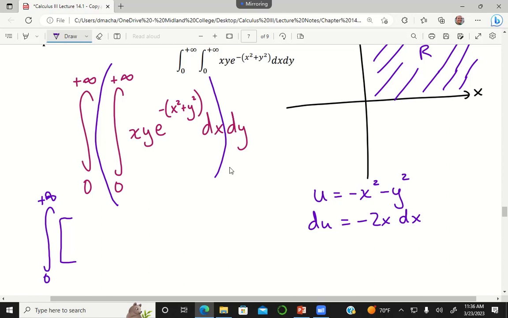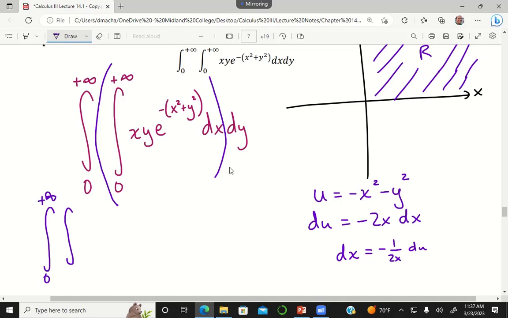And that means, hold on, let me think about this very carefully. Yeah, okay, I think what I'm doing is fine. So that means dx is going to be negative 1 over 2x du. So after I make that substitution, let's think about how it would look.